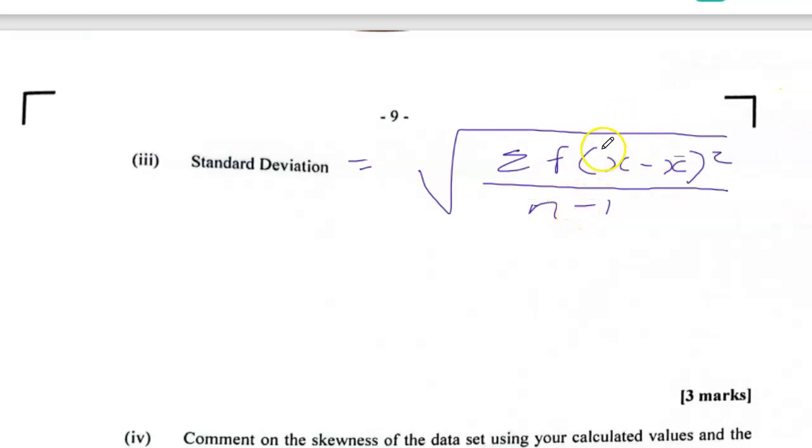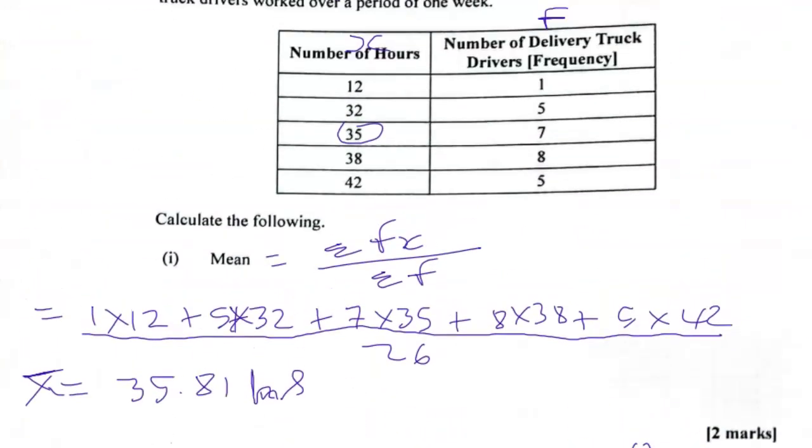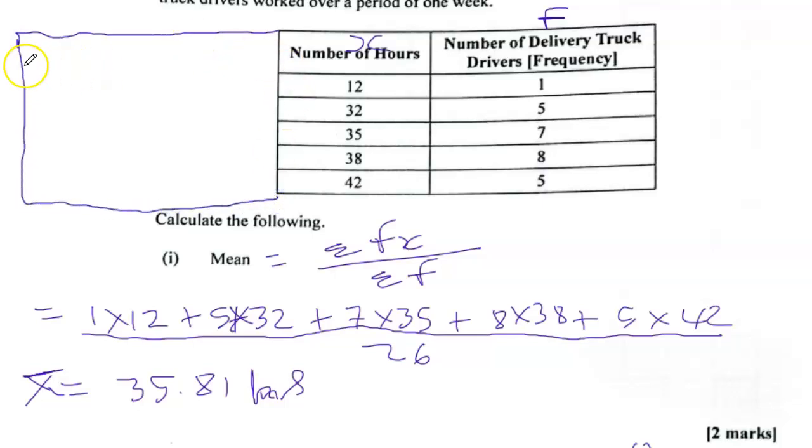Alright, let's get the column for f times x minus x bar squared. So first I need to do an x minus x bar column. So let me just extend this table and make some space.